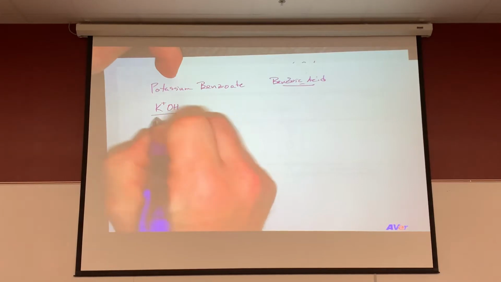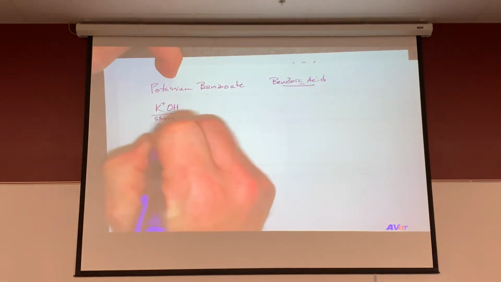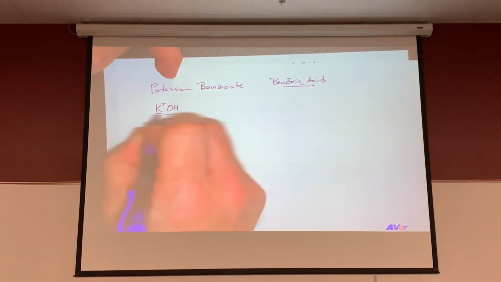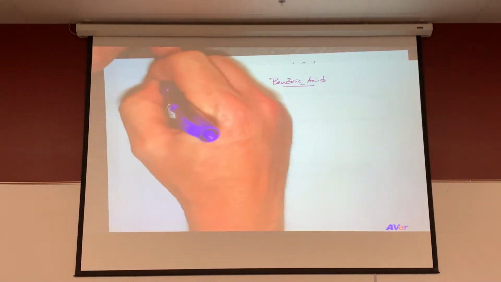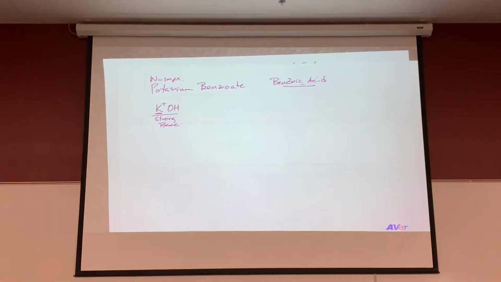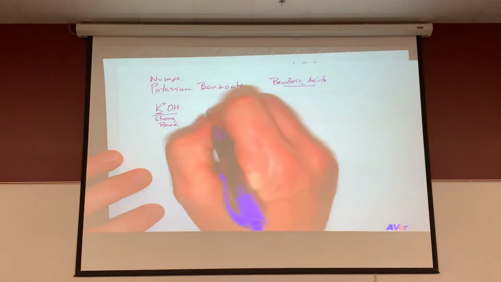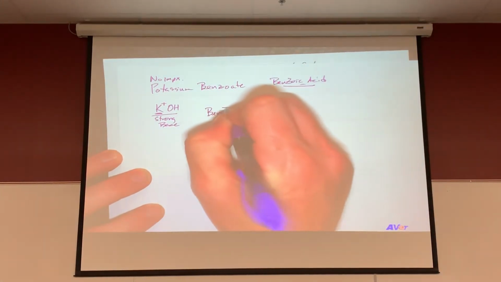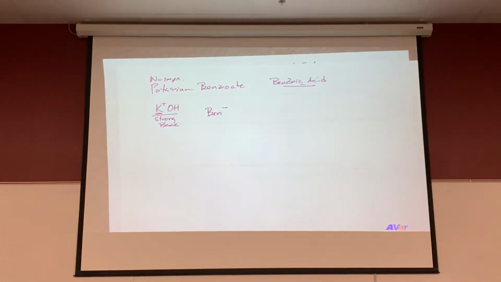So as a strong base, the potassium has no acid-base impact, so you don't have to worry about it. That means you've got this benzoate anion, and you don't even need to know the structure of it. It's not important for this kind of problem.